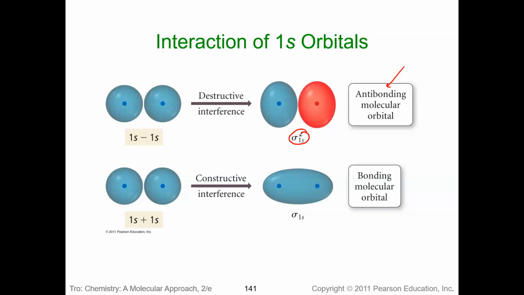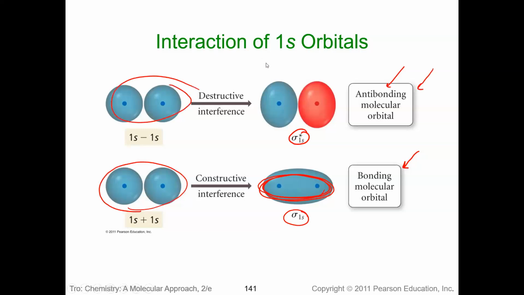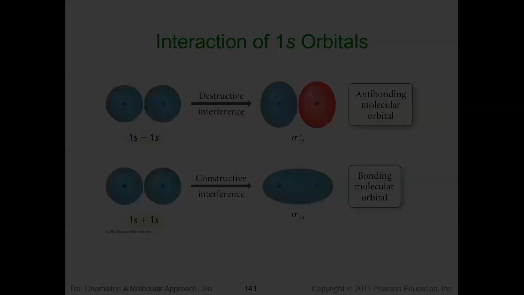The constructive interference, you see how the overlap is right in the nuclei? This is a bonding molecular orbital. We just call it sigma 1s. So this one has less energy than these two combined. This one has more energy than these two combined. And again, I'm going to show you a picture of what I mean by the energy in just a second.